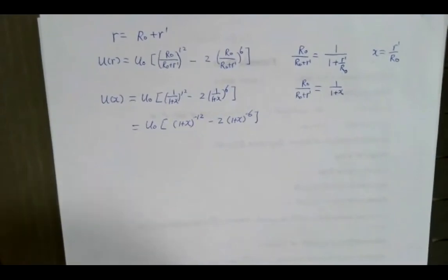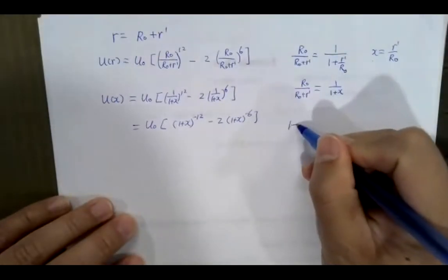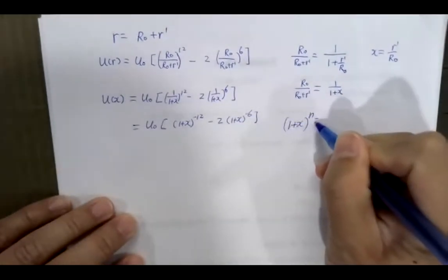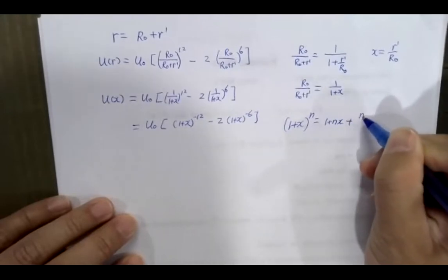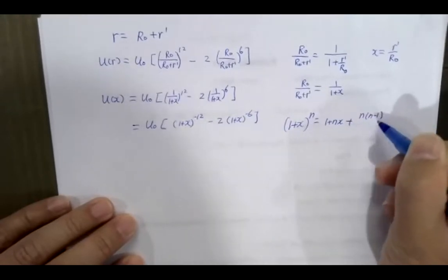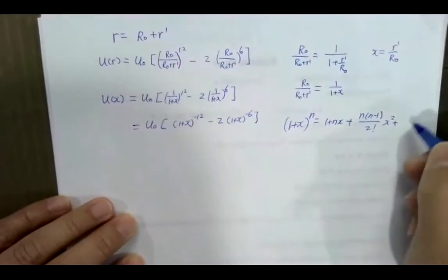Okay. Then we can apply the binomial theorem here, which says 1 plus x to the n equals whatever this long expansion. Let me just copy it down over here so we can refer to it. So 1 plus x to the n equals 1 plus n x plus n times n minus 1 over 2 factorial x squared plus.